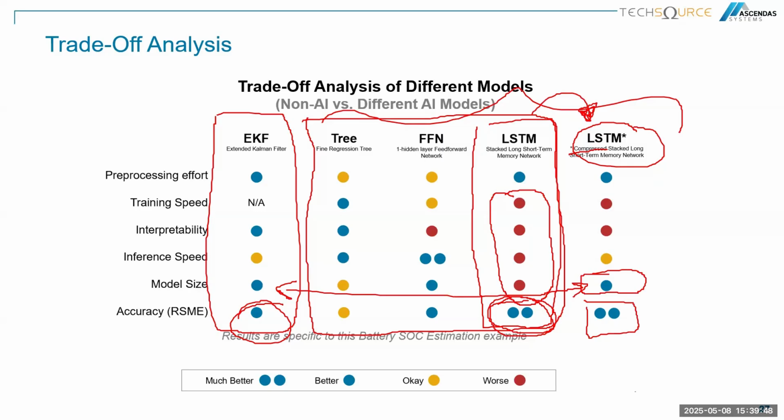You can stay using the EKF, but if you want more accuracy, you need to try the AI instead of the conventional way. But when you apply AI, you need to have this compressed one, to get good accuracy, and the size is the same size as the EKF.